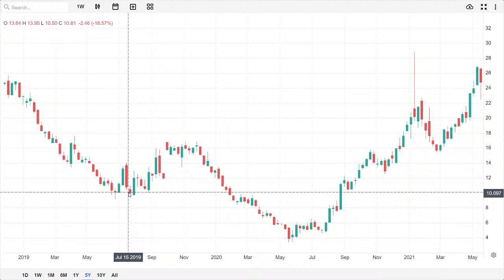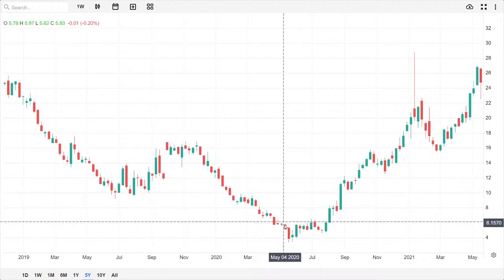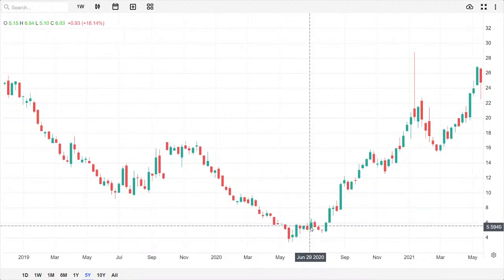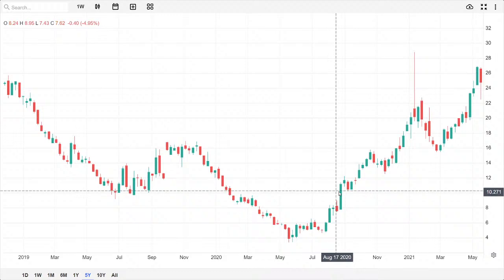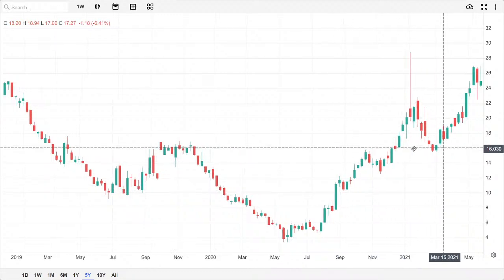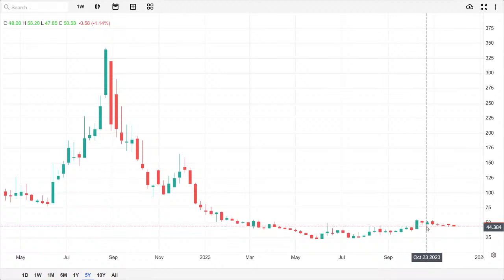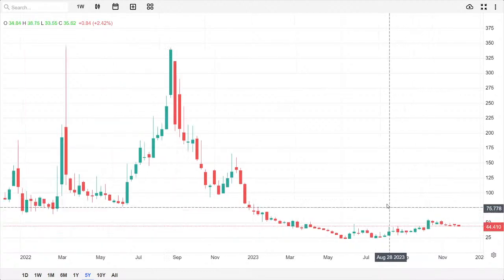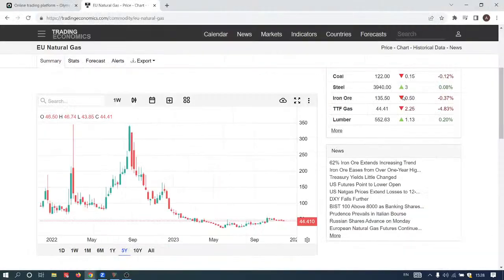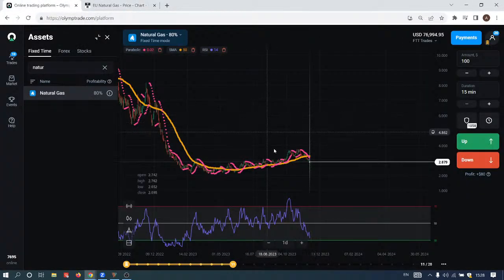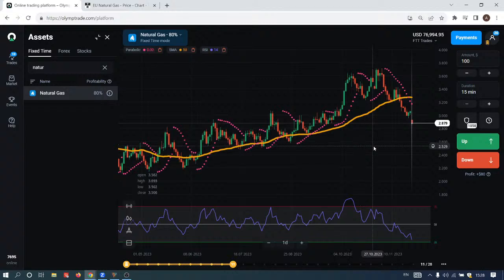From 10, 15, it dropped to, okay, that was the bottom of the COVID crisis, and then since 2021, it's 16 now. Today it's 3 times that, maybe 4 times that. And winter has begun, and this winter already feels a little colder than the normal winter. So we'll see.